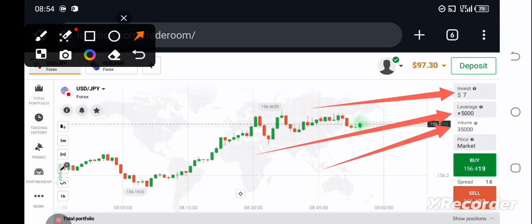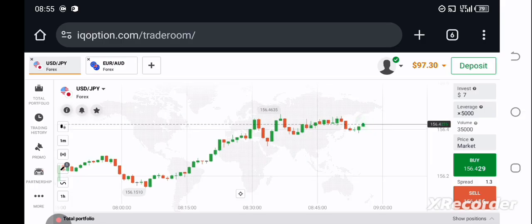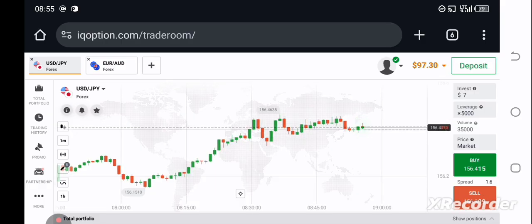Now, if you are investing $7 for this trade, and you have a stop loss of 50%, it means that once your balance is minus 3.5 dollars, the trade will close because of the high leverage. Because of the leverage you are using, the trade will close automatically, except if it is going in your favor.